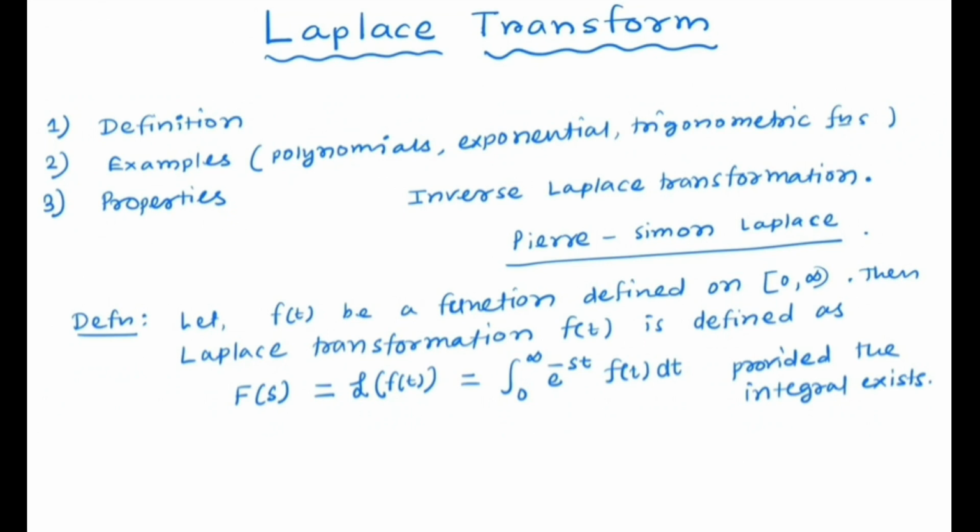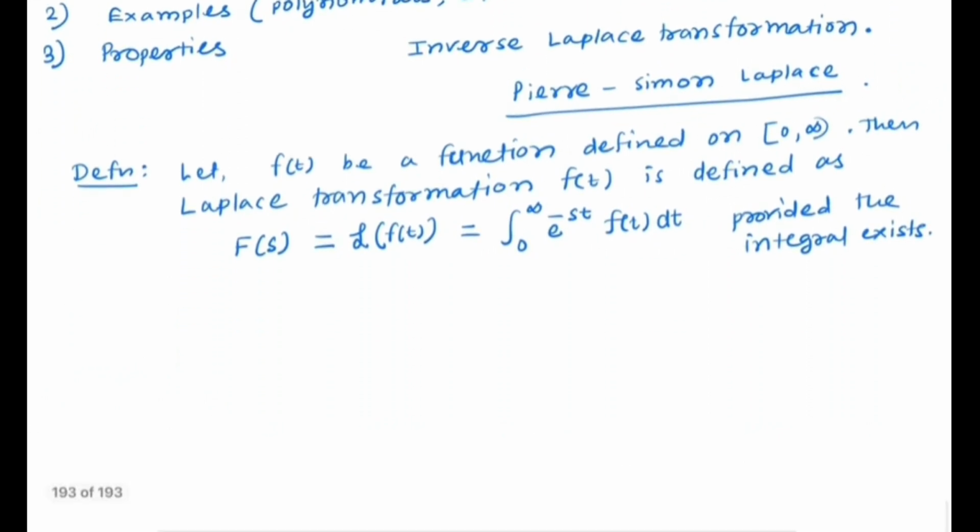So now let's look at some examples. The first very common example is the constant function f(t) equals 1. Then what is L of f(t)? It is the integral from 0 to infinity of e power minus st, and in place of f(t) we write 1.